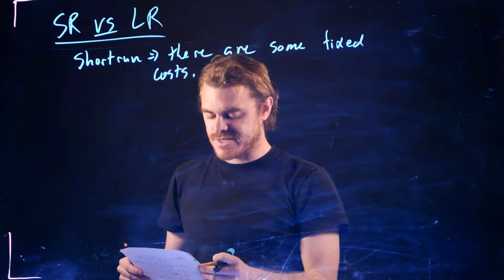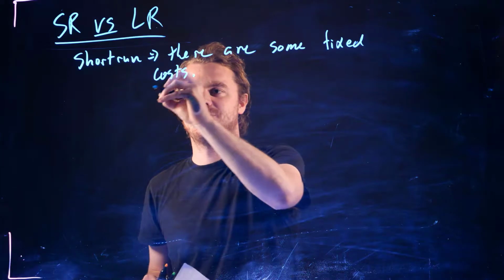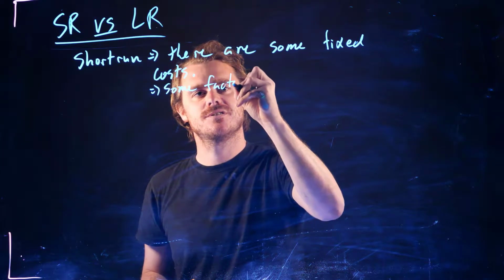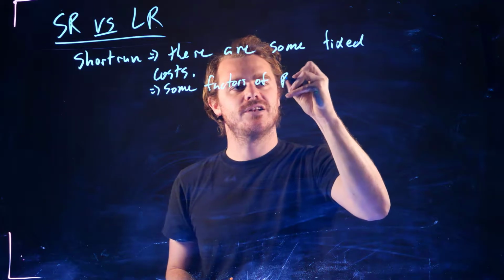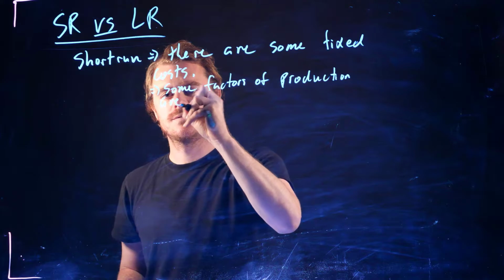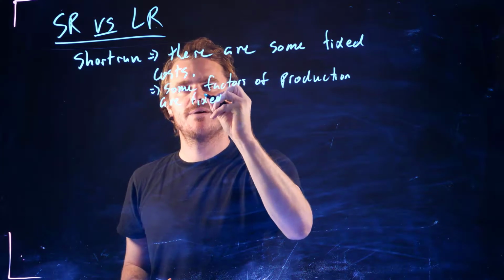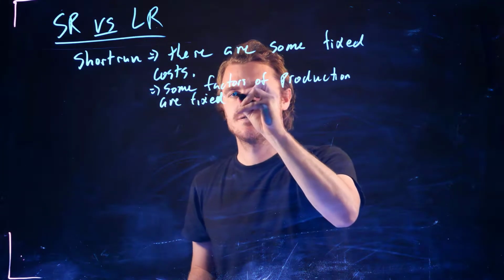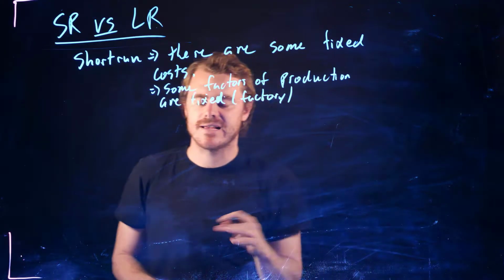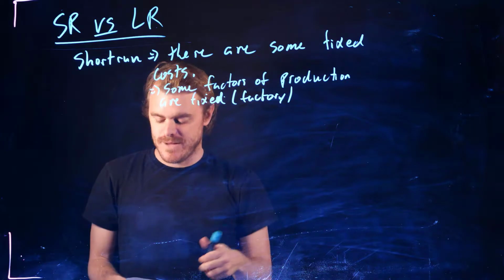So some factors of production are fixed, which means you have some fixed costs. Think about having a certain size factory. In the short run, there's nothing you can do about that.